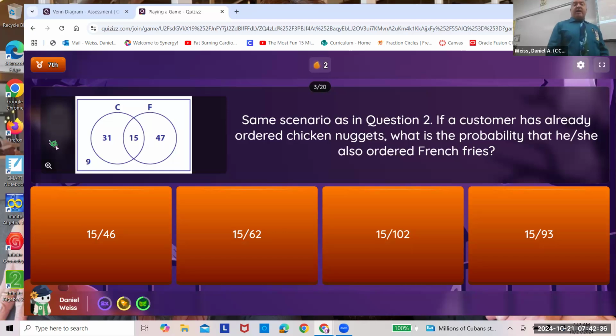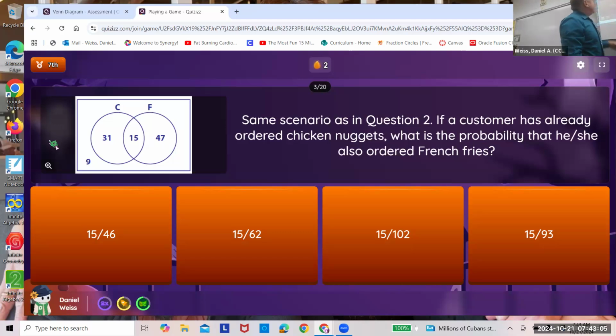Now, since they're saying probability, the question is, what's the total number? Did it say how many total there were? Now, did you add this, and this? Okay, no. You'd be wrong if you did, because you don't want to count the 15 twice. Go ahead and count it once, right?